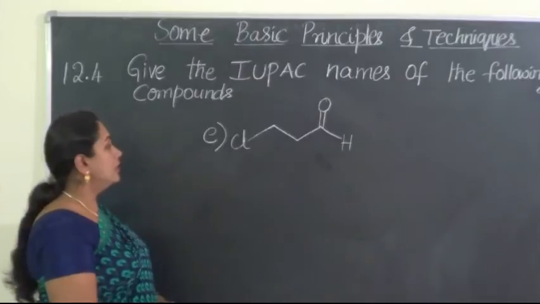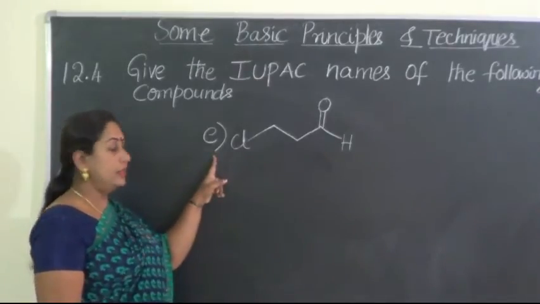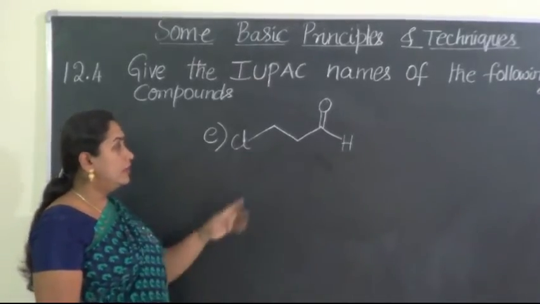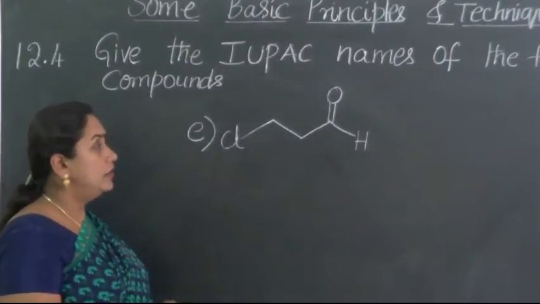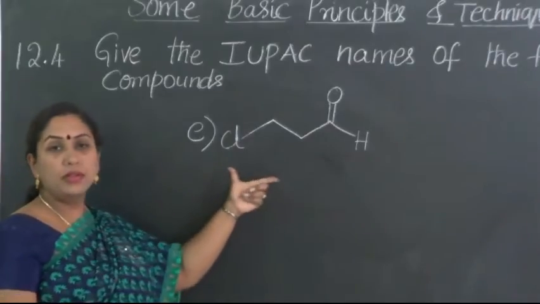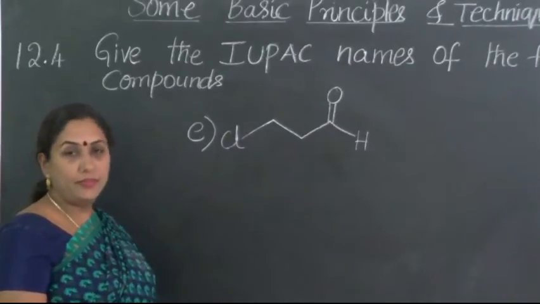The structure E given to us is like this. Take a proper look at the structure and let us first analyze what are all the things that are given to us.